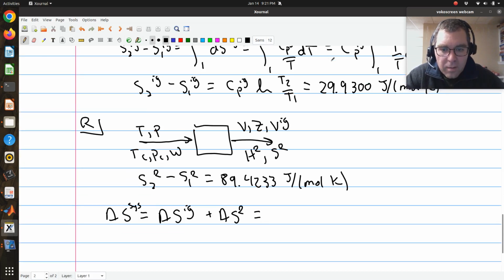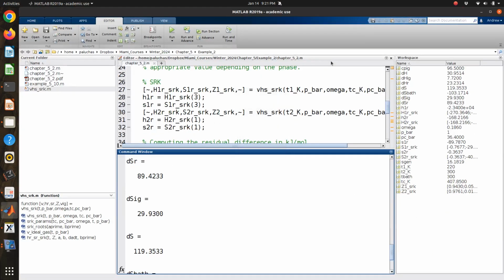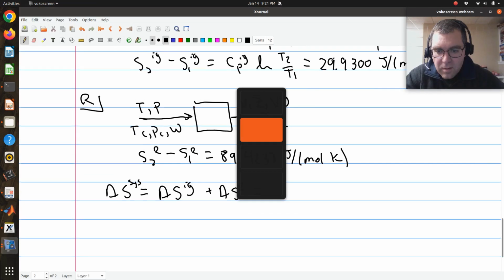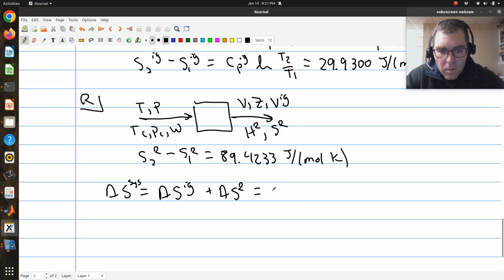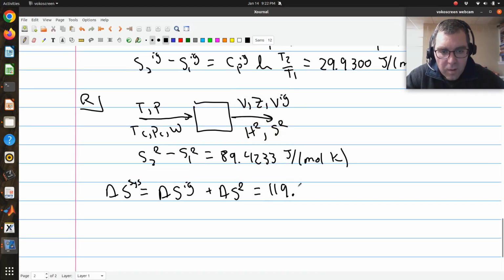And then delta S of my system, that's 119.3533 joules per mole Kelvin.